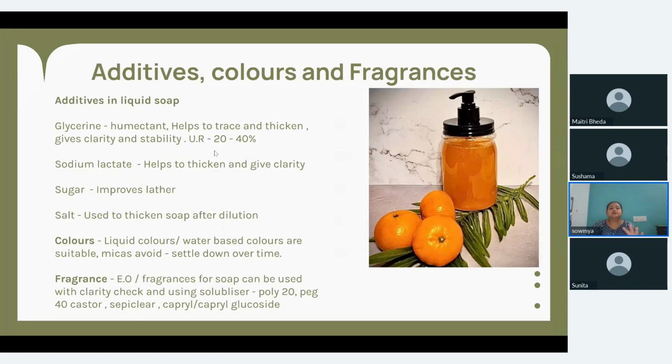Then we will see what additives, colors, and fragrances we can use in our liquid soaps. Like how we normally do for solid soaps, I have not personally added goat milk, fruit purees or vegetable purees.